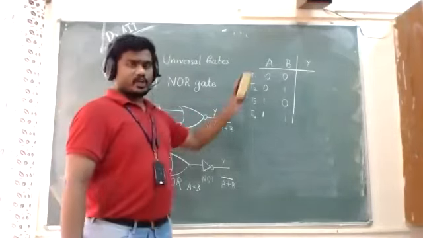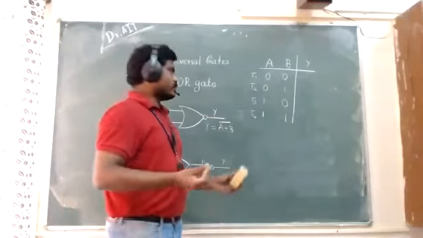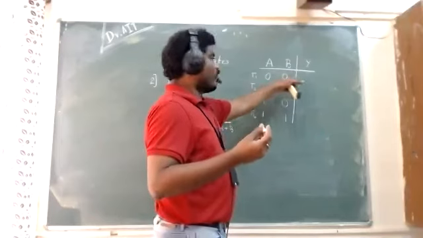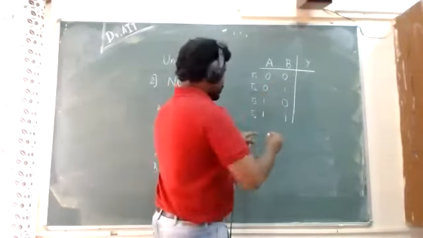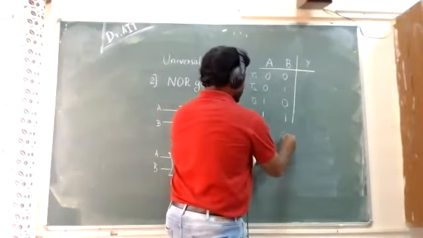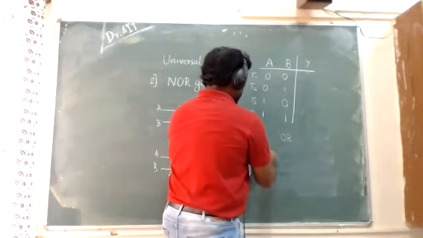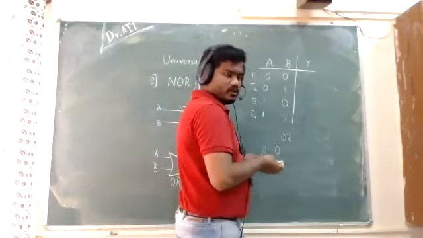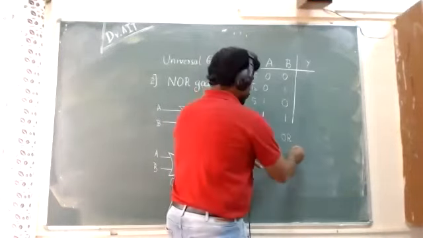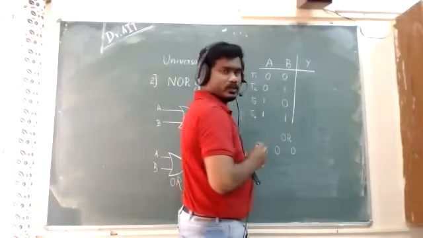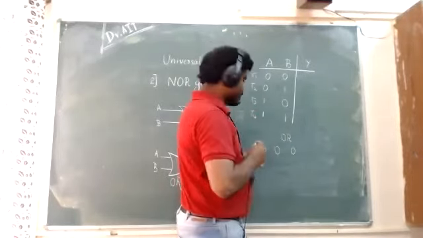Then we'll come to the truth table. Now in the truth table, first we will discuss what is the output for the OR gate. For the OR gate, when both inputs are 0, the output is equal to 0.